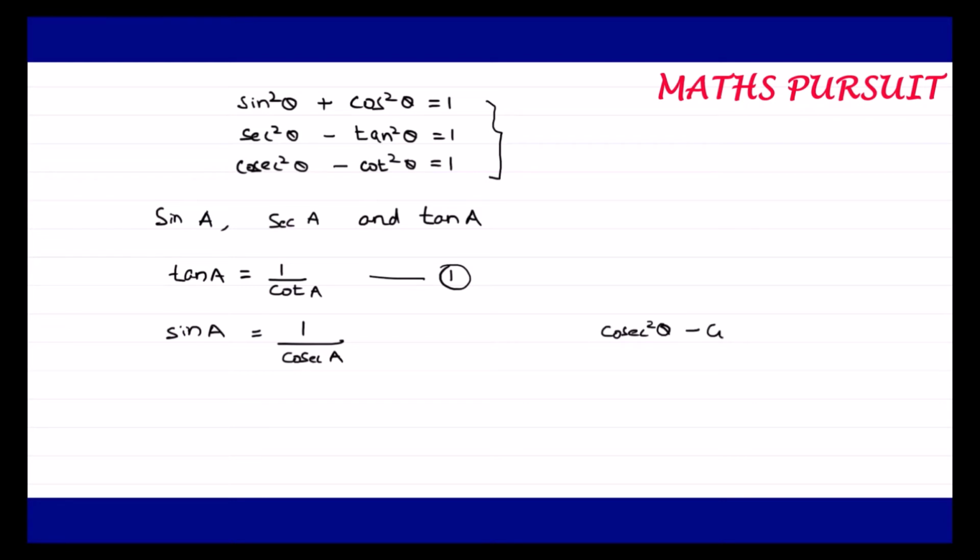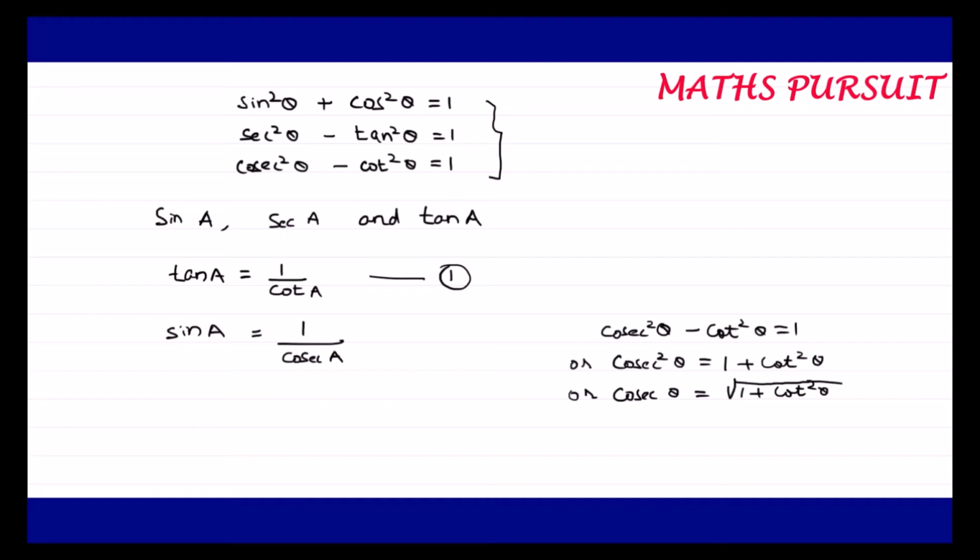Or I can write cosec theta is equal to the root of 1 plus cot square theta.